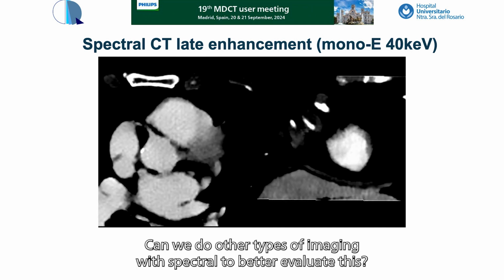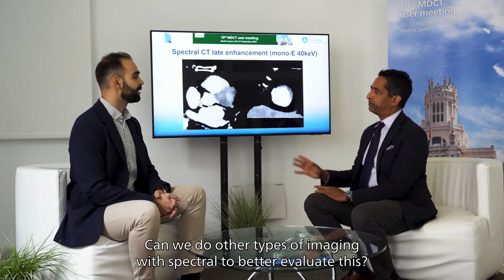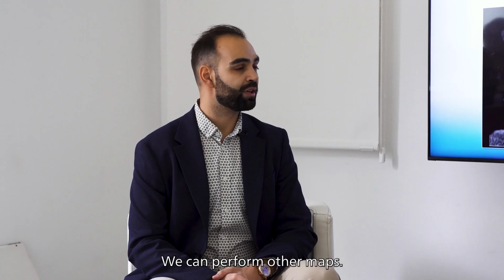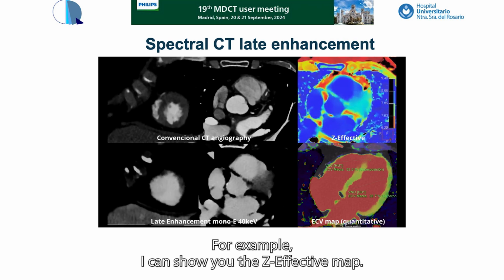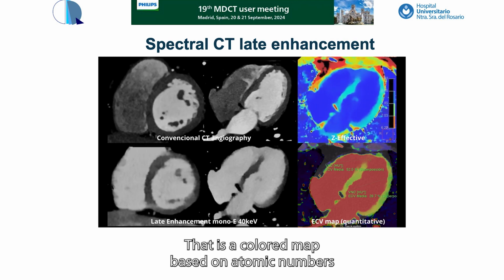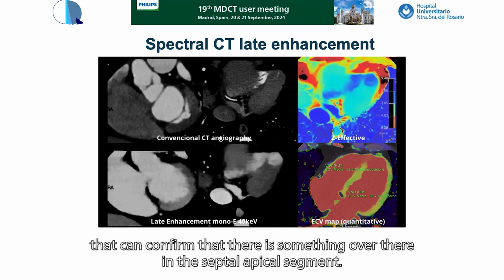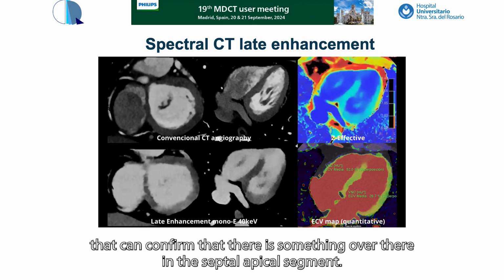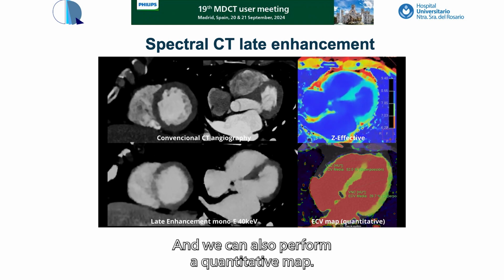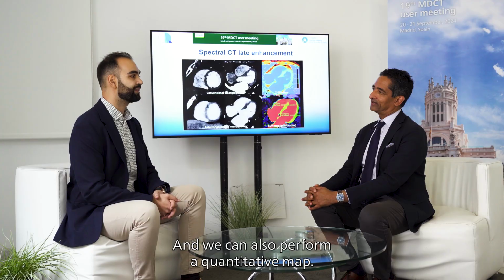Can we do other types of imaging with spectral to better evaluate this? Yeah, sure. We can perform other maps. For example, I can show you the Z effective map. That is a colored map based on atomic number that can confirm that there is something over there in the septal apical segment. And we can perform also a quantitative map.